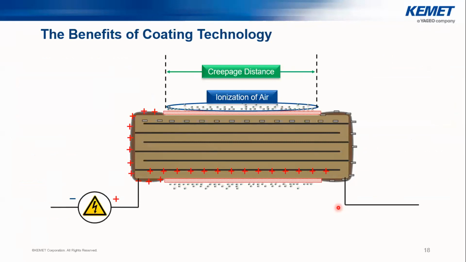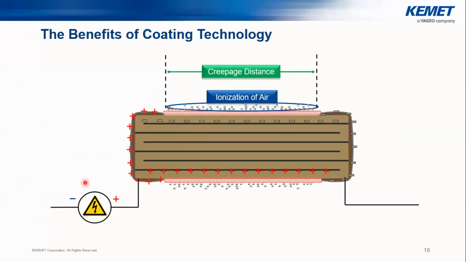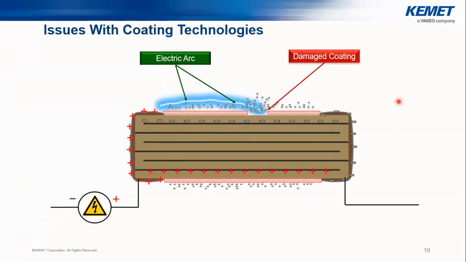So when it comes to the coating, as we mentioned for the first solution, it gives us the possibility to have less ionization of air on the surface, while keeping the same creepage distance. It helps us avoid surface arcing. But if there is any damage in the coating, that is the challenging part.